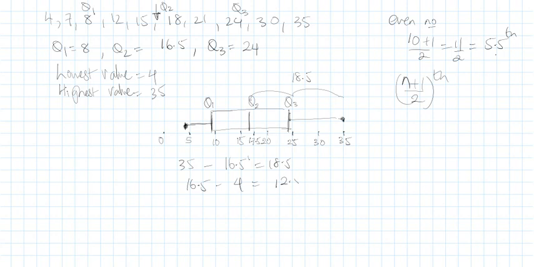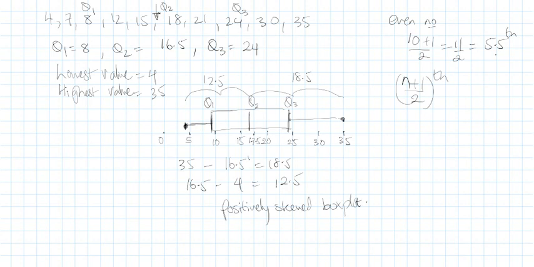That gives me 12.5. So we can see that there is a bigger distance from the median till the highest value. So in this case, it's a positively skewed box plot.